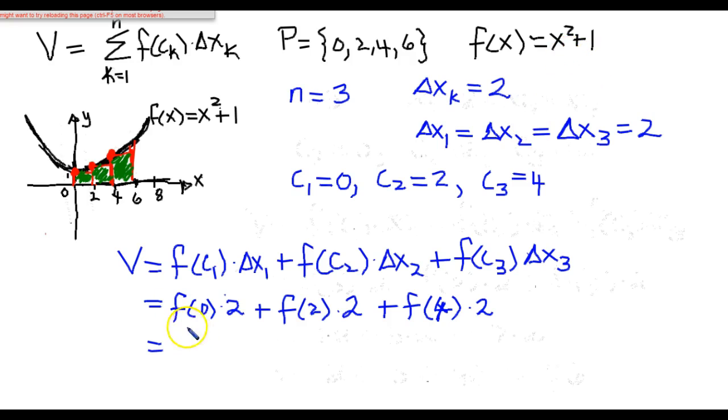I get 0 squared plus 1, which gives me 1, times our value of 2, plus f of 2 is going to be 2 squared plus 1, which gives me 5, times our value of 2, plus f of 4 is 4 squared plus 1, which is 16 plus 1, 17 times 2. 1 times 2 is 2, 5 times 2 is 10, 17 times 2 is 34.